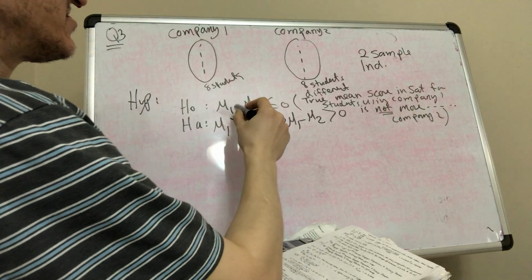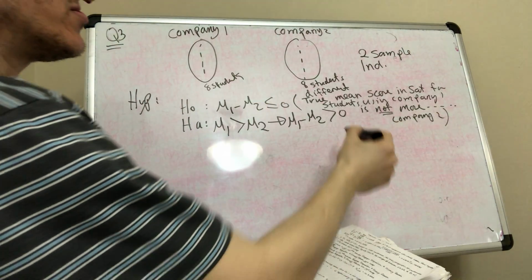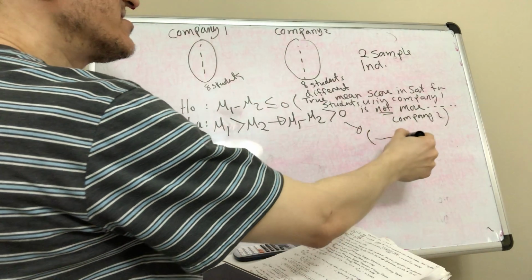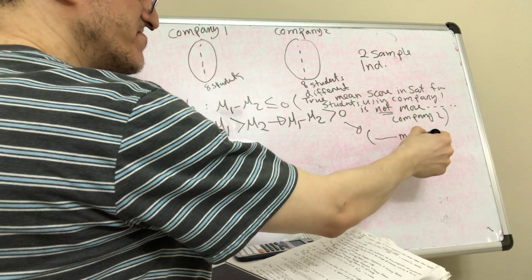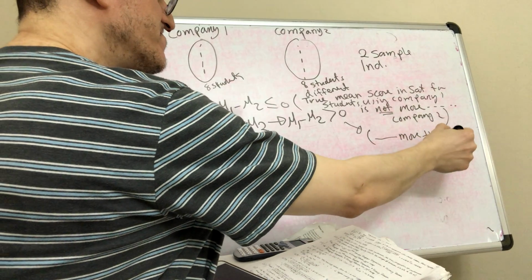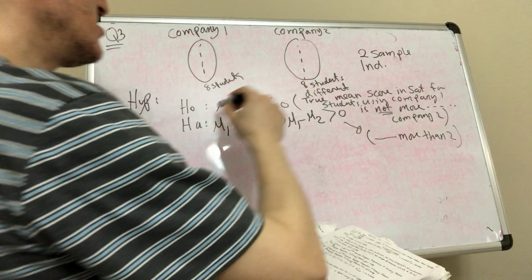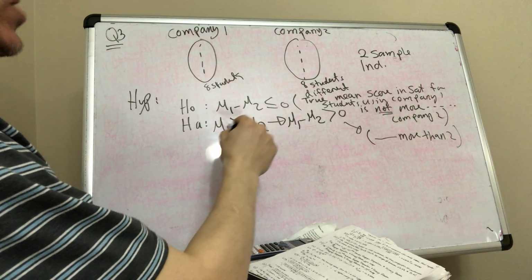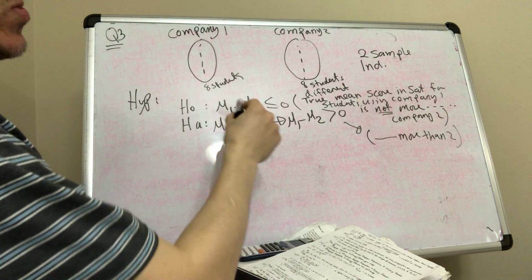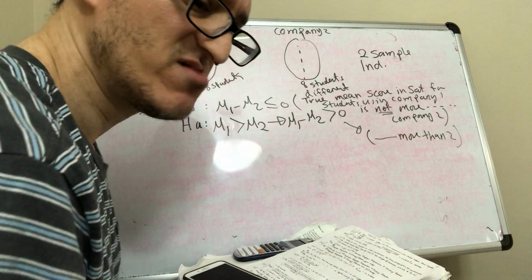So this one says that 1 is not more than 2, and here, more than 2. So again, here we say 1 is more than 2, here we say 1 is not necessarily more than 2.